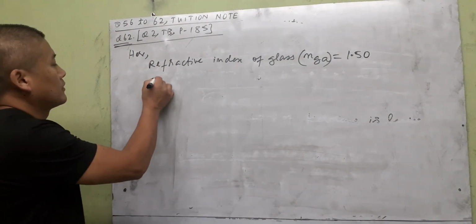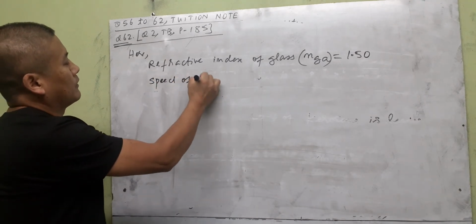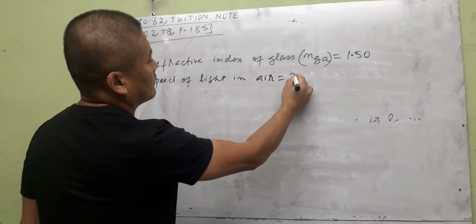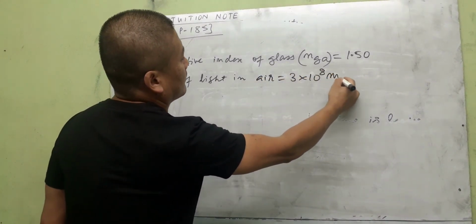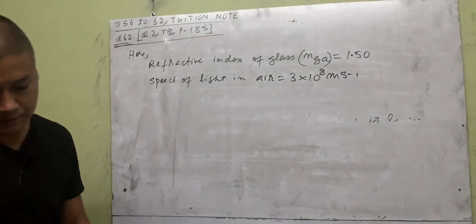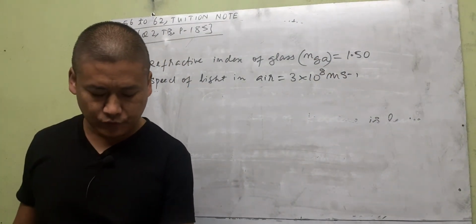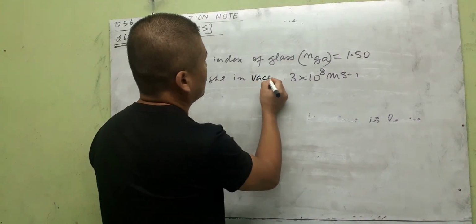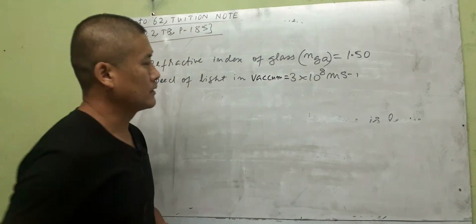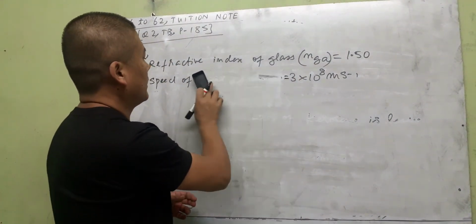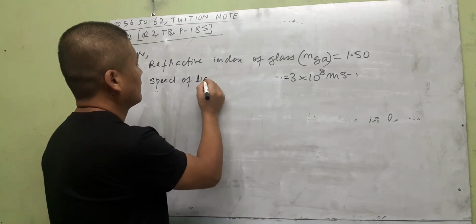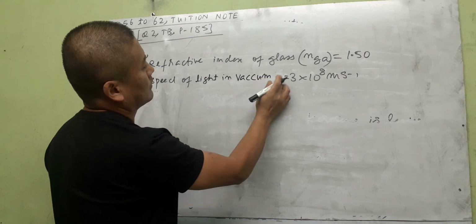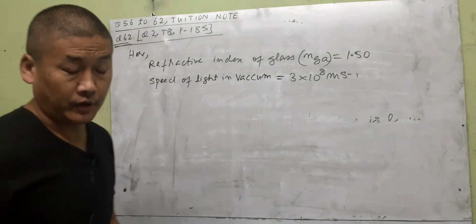The speed of light in vacuum, or air, is the same, is given as 3 into 10 to the power 8 meter per second.